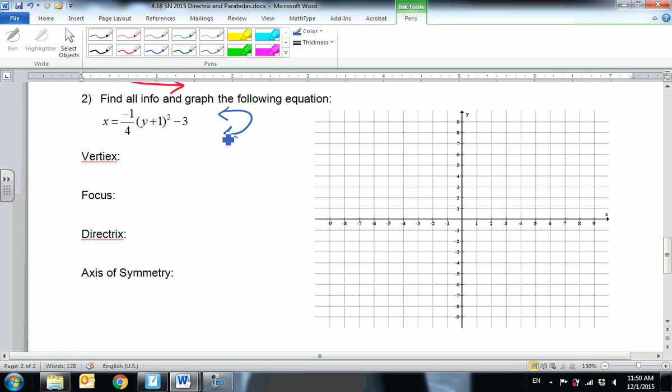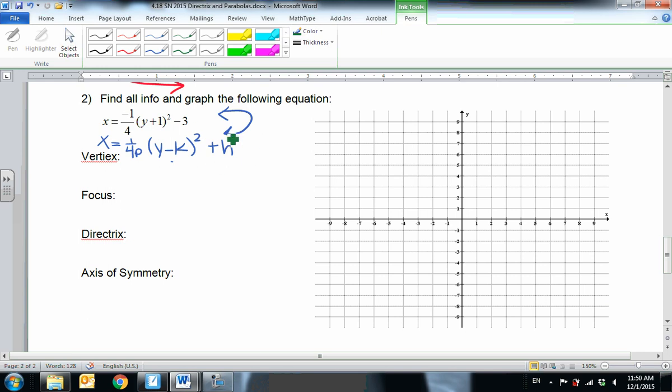All right, so let's get our vertex. We've got to be careful, because remember, it's h comma k. So think about our equation. I'm going to try and write it in here. x equals 1 over 4p times (y minus k) squared plus h. All right, so our vertex, what do you think? What's our x value?